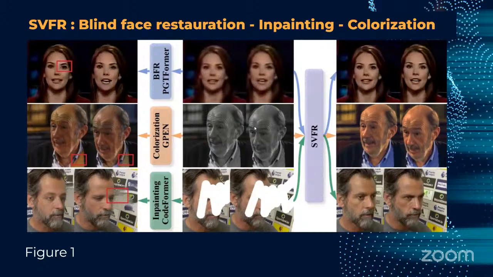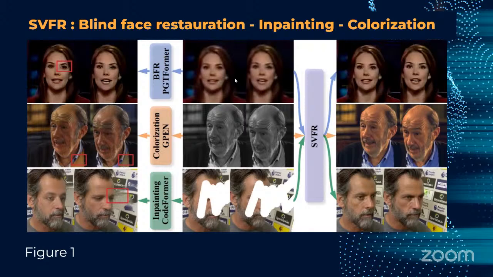For example, if you look at the colorization task, where it's carried out by the so-called GPEN model, we see that there occurs some kind of unnatural orange color on the shirt of this guy. But the same problem does not occur when the same task is carried out here on the right-hand side by the SVFR model.